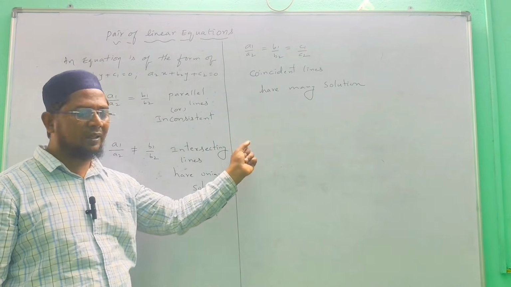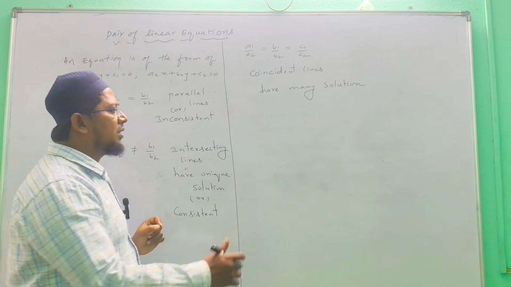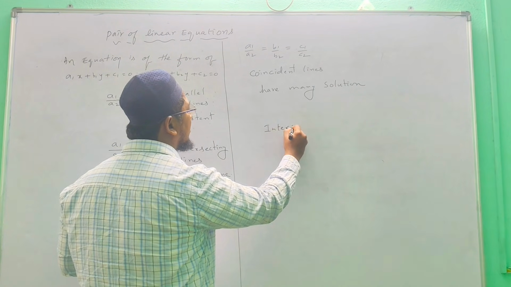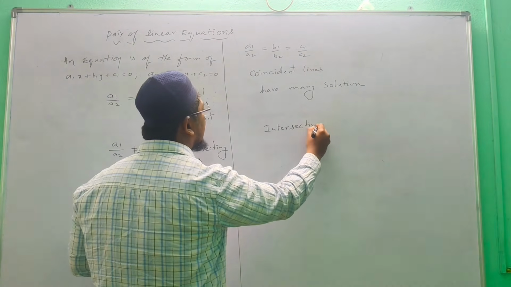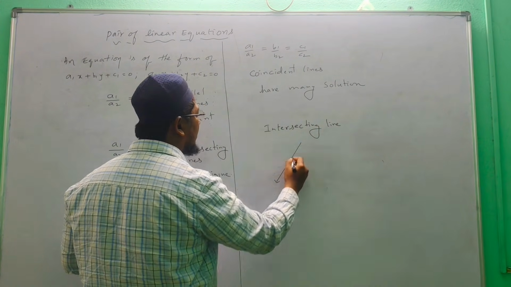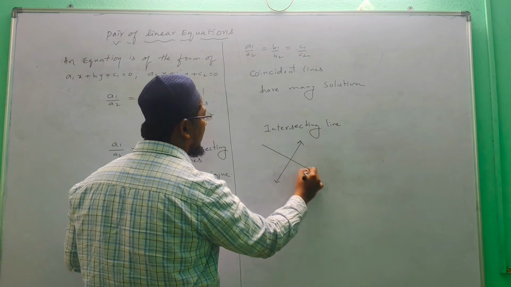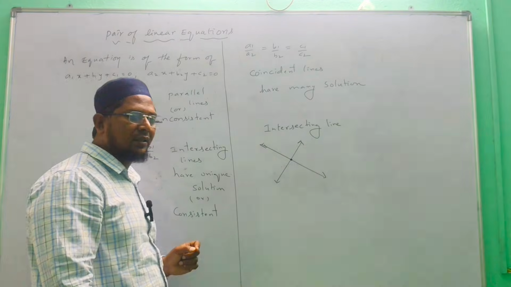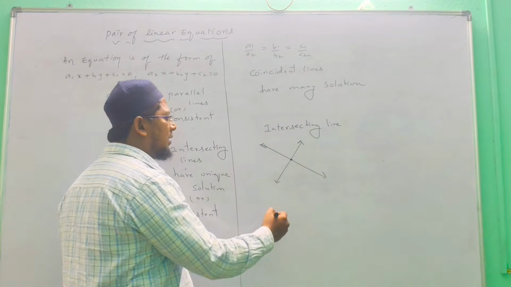Let us see the graph roughly. What is the meaning of intersecting lines? Intersecting lines is nothing but a line meets at one point. This is known as intersecting lines. What are parallel lines?